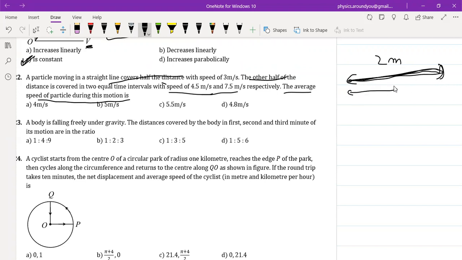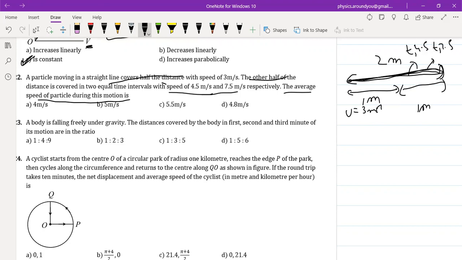First half would be 1 meter. 1 meter was traveled with a speed of 3 meter per second. The next 1 meter is traveled in equal time intervals. In the first time interval, the speed was 4.5. In the second time interval, the speed was 7.5.